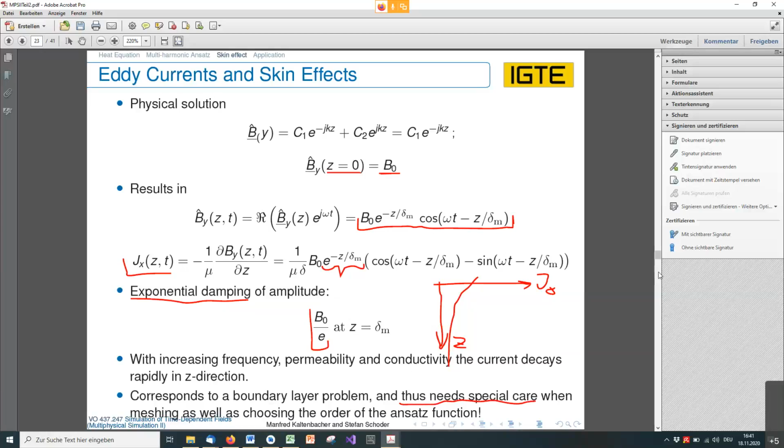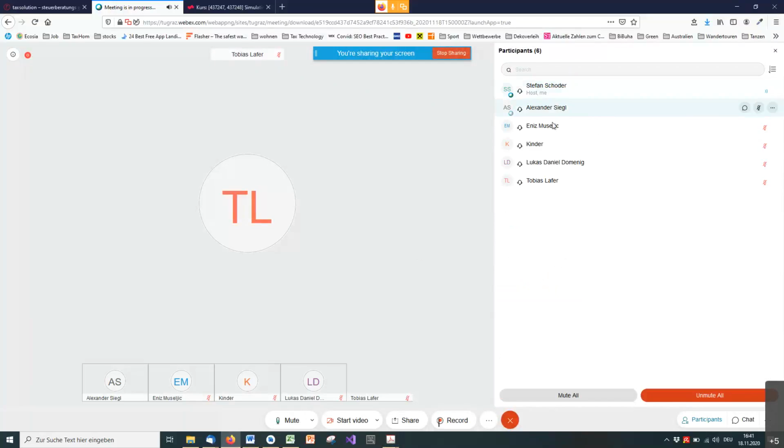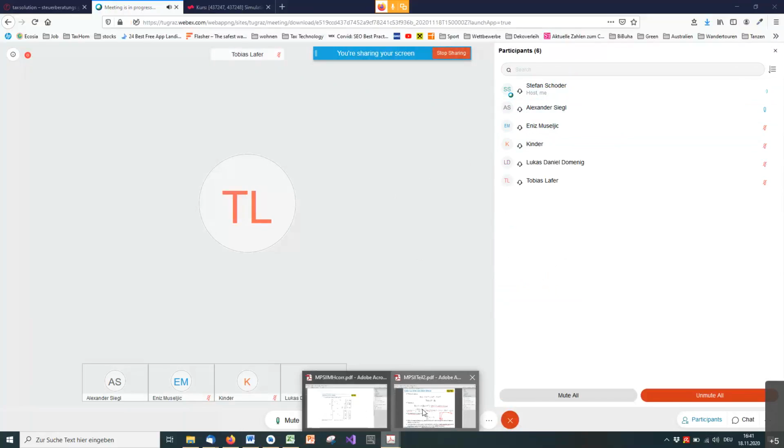To the audience, what do you think we will need for meshing the boundary value problem? Do you have any idea? I'm just pointing out someone. We start from the top again. Alexander Siegel, do you have any idea what it could imply for the meshing?